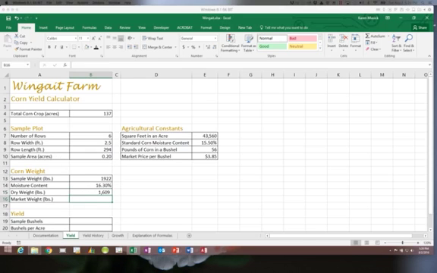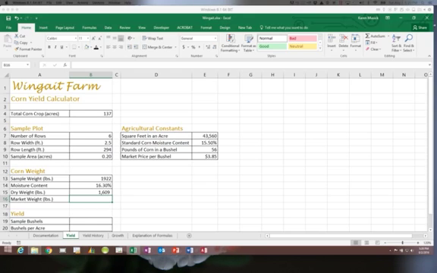Now the market weight is going to be calculated by taking the dry weight and subtracting 1 minus the standard corn moisture content, which is stored in E8.